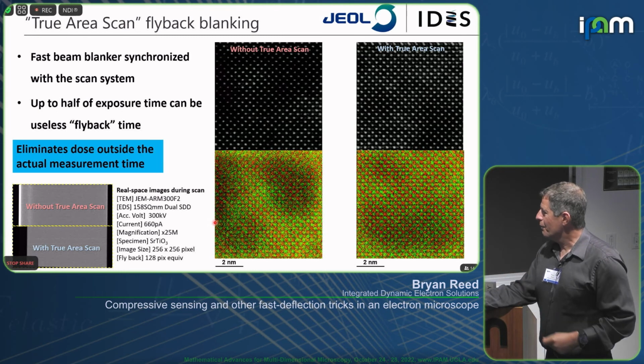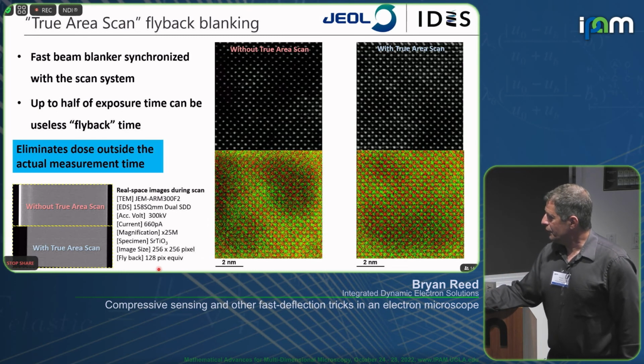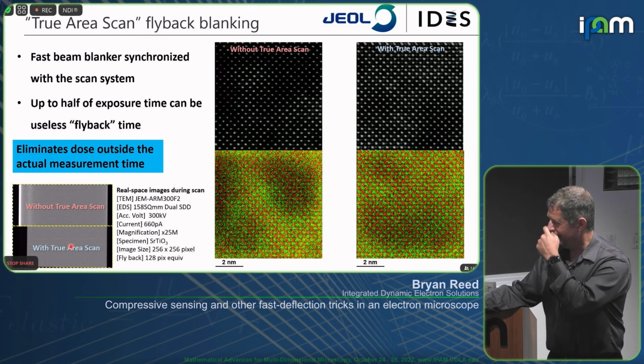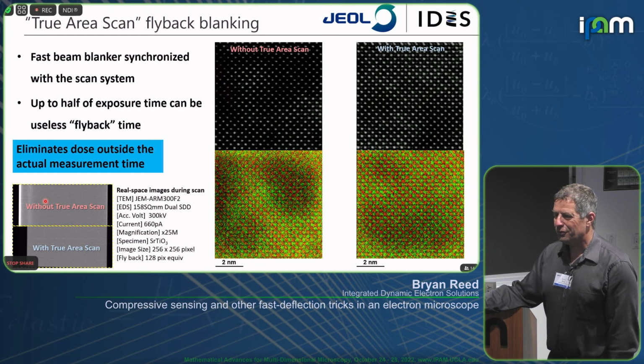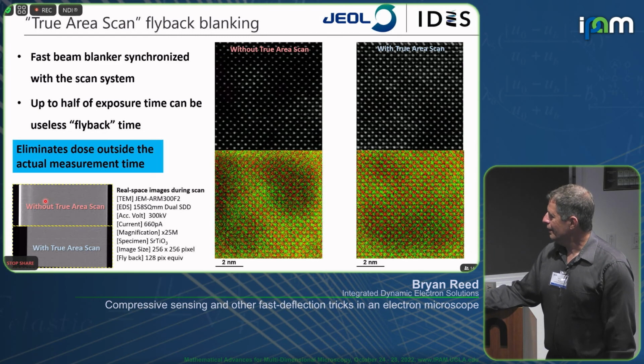And that's why. So this is a real space image of the scan and how you're dosing the sample normally, with and without this blanker turned on. Here is ideally what you would draw, and here it's just ugly: it goes over here and it settles and it comes back and it bounces back and forth for a while and then it starts taking data.